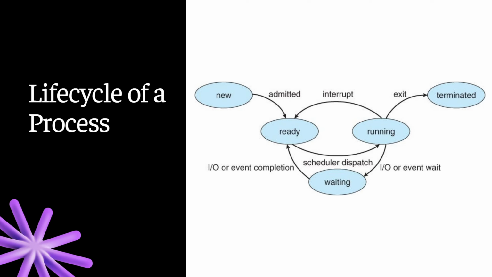Running: the process is currently being executed by the processor. Blocked: the process is waiting for a contested resource to become available. Finished: the process has completed its execution. A process moves through these states, starting from new and ending at finished.